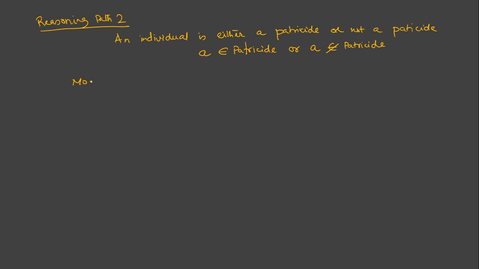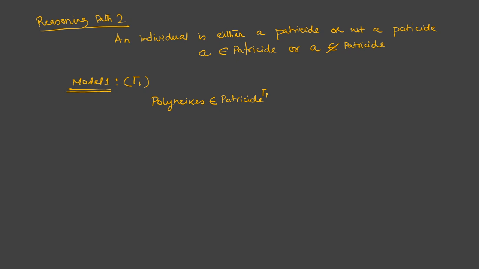Now let us consider our first interpretation or first model, right? So our model 1, in model 1, let us take it to be, say, gamma 1, right? So here we assume that Polynicus is a member of patricide.